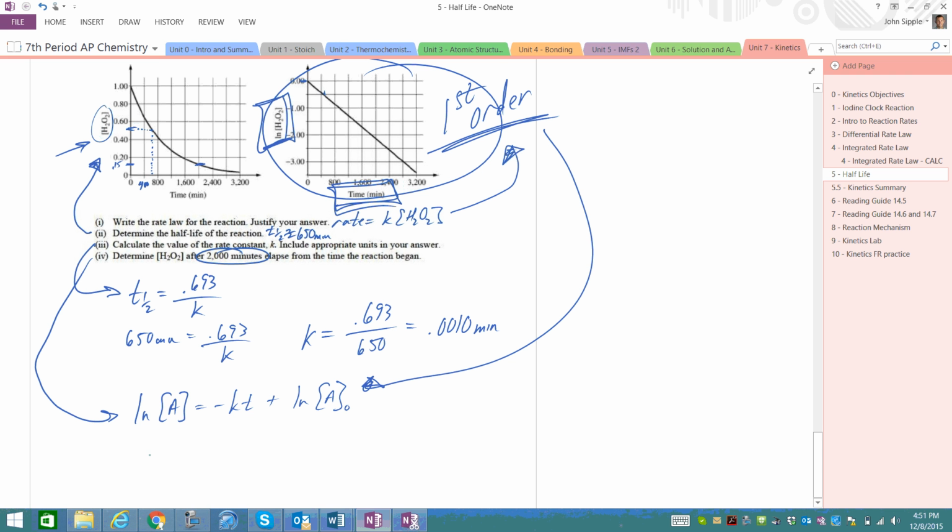We're solving for the natural log of A is equal to minus 0.0010 times 2000 plus the natural log of 1. The nice part is the natural log of 1 is just 0. So the natural log of the concentration of A is equal to minus 0.001 times 2000, so we got -2.